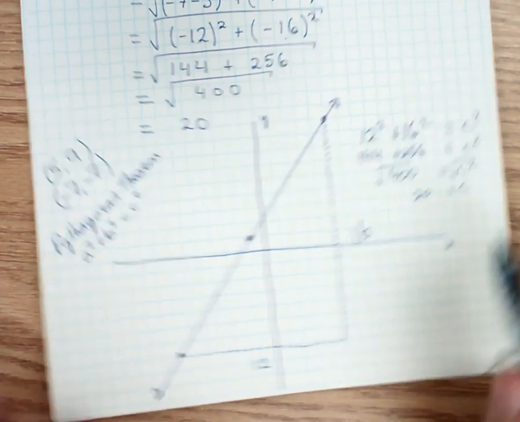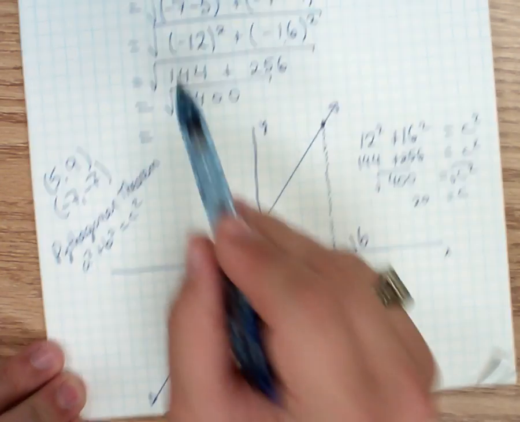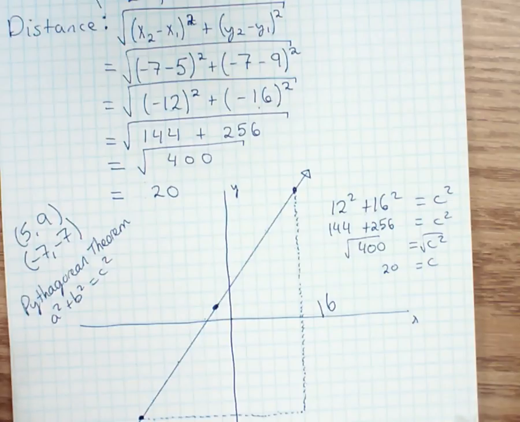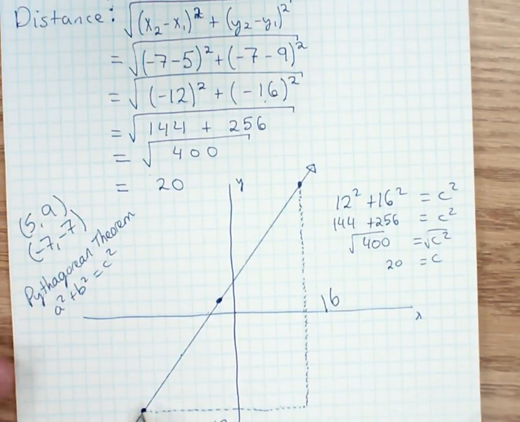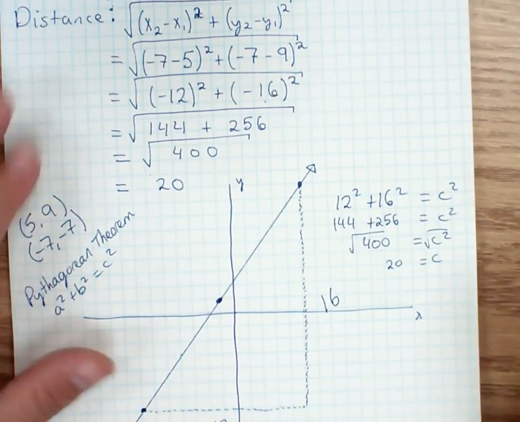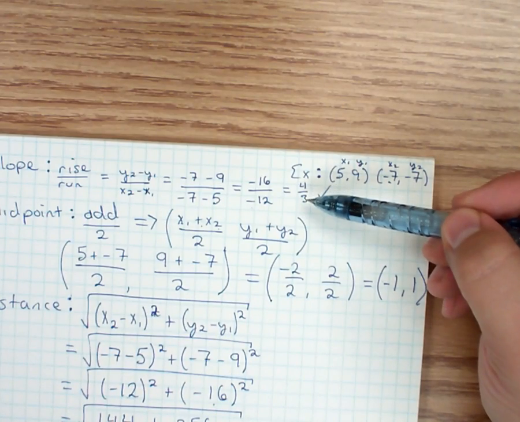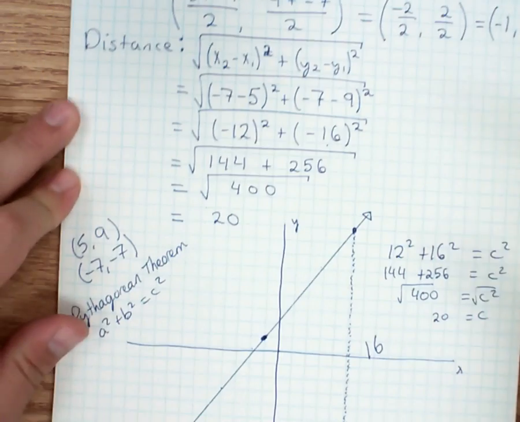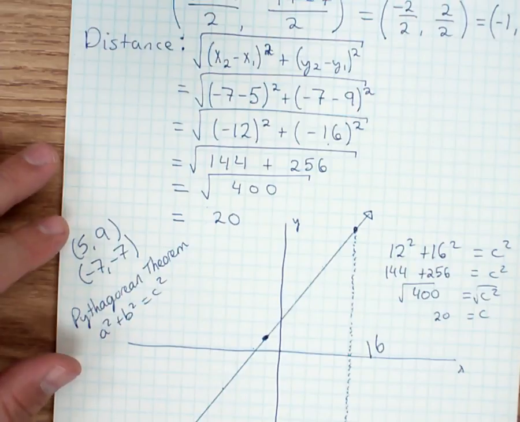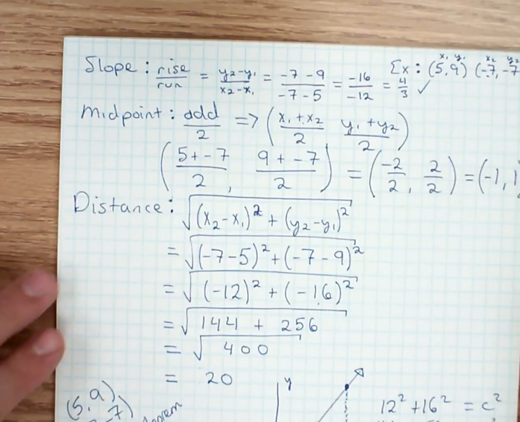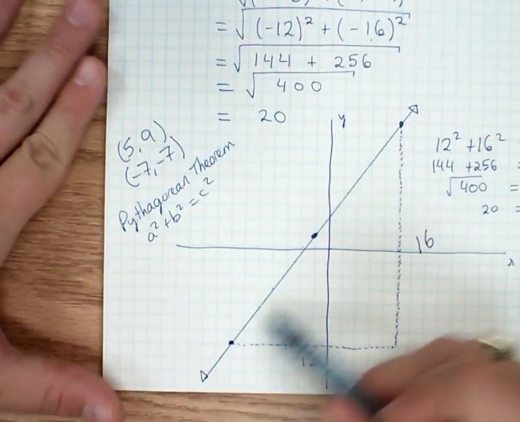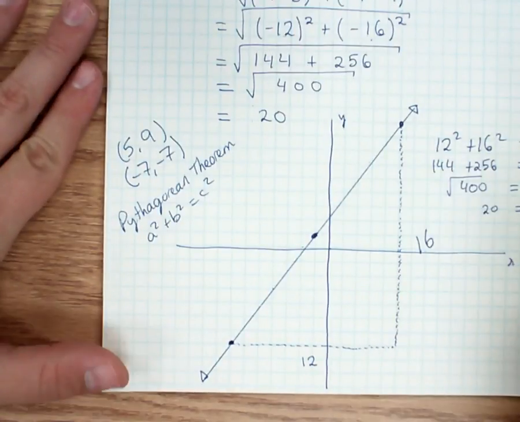Okay, so I prefer using Pythagorean theorem to distance formula. There's more mistakes you can make with distance formula, I think. I also prefer reading slope off of a graph to slope up here algebraically. But midpoint formula, I am going to ask that you always do algebraically because just eyeballing this is not nearly accurate enough.